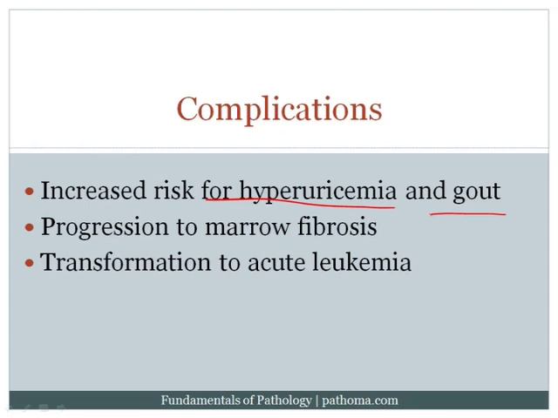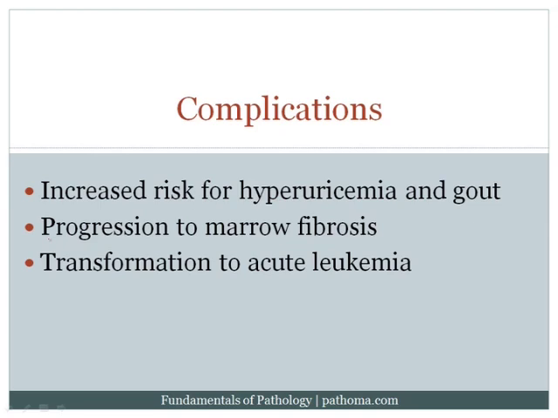Same thing with CML. There's going to be an overproduction of granulocytes. Those granulocytes will eventually die, and their nuclear material will need to be turned over, and it's the degradation of the purines that's going to result in hyperuricemia and a risk of gout. Another complication is that they can progress to marrow fibrosis. This is called the spent phase, or the burnt out phase.